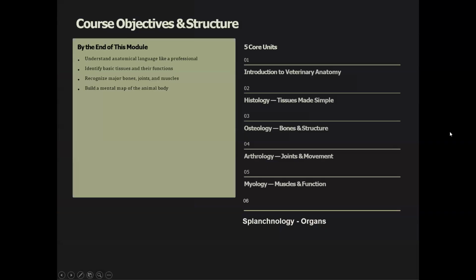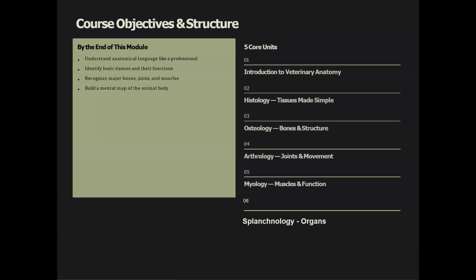And they see it as difficult because of the unfamiliar terms and large amount of information that is found in anatomy. That is why many students see it what? Difficult. But in this course, we are going to simplify it and make it practical, visual, and easy to understand.